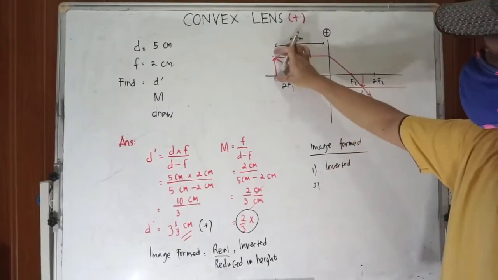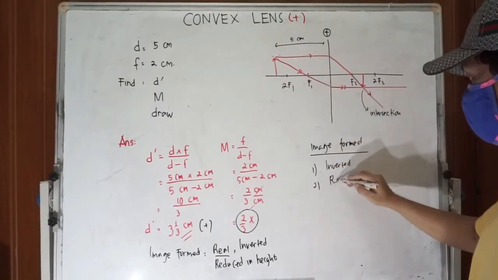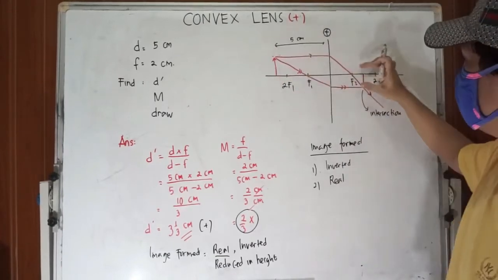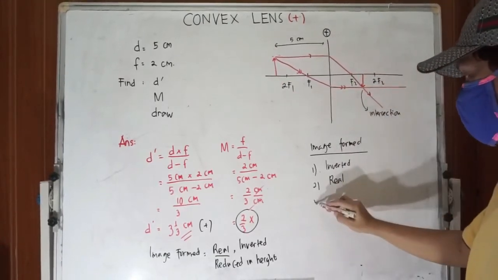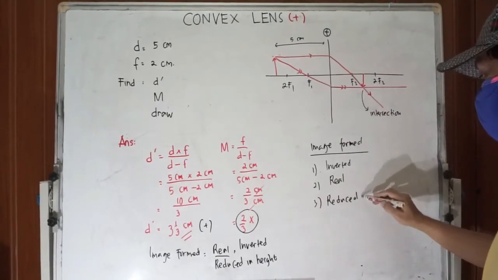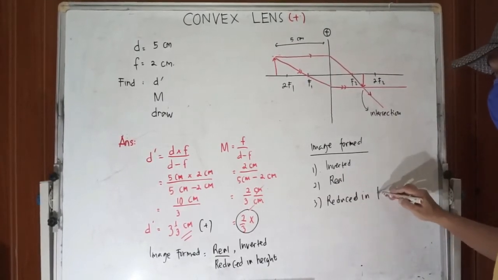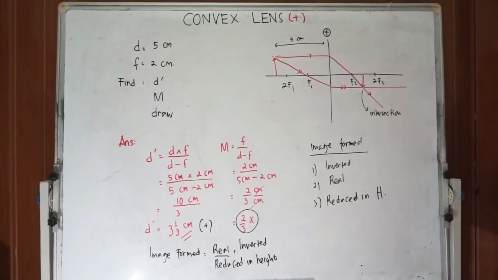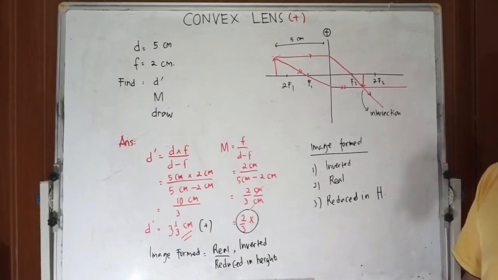Two, that's real. And number 3, the height is reduced. Is it clear? That's the convex lens. Thank you very much.